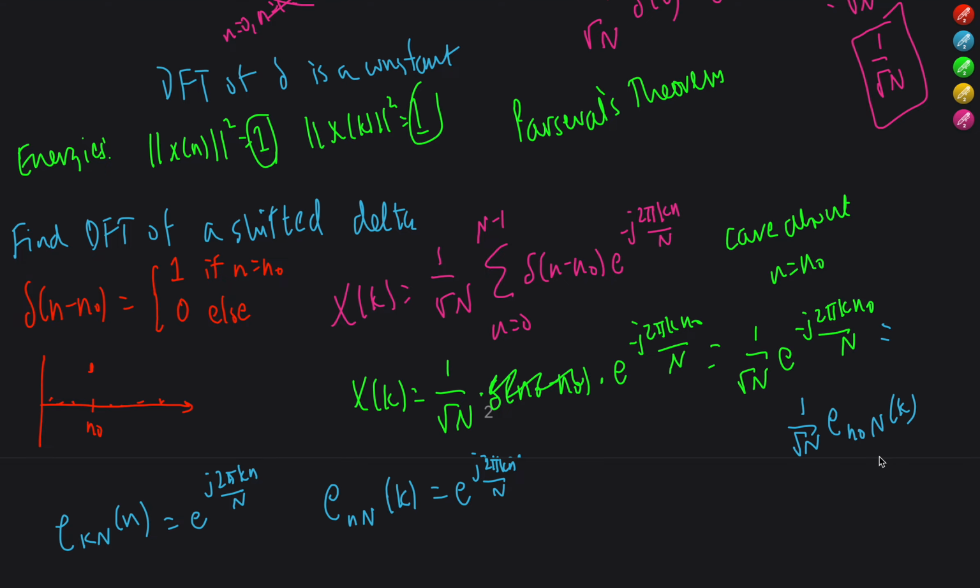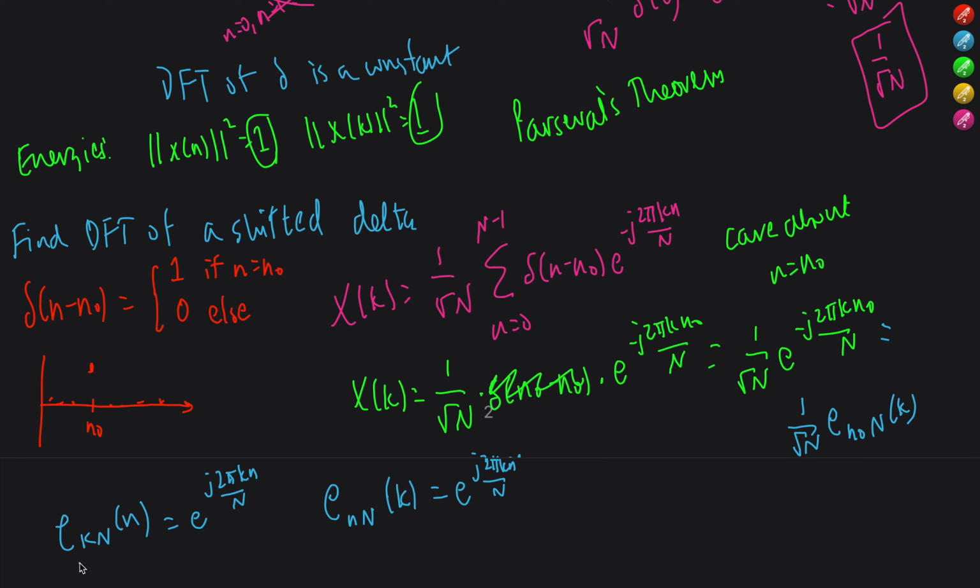So this is another complex exponential with frequency n naught. It's exactly analogous to the earlier one, but instead of being a function of n, it's a function of k, and the frequency here is n naught.